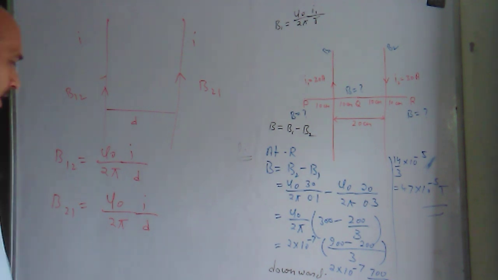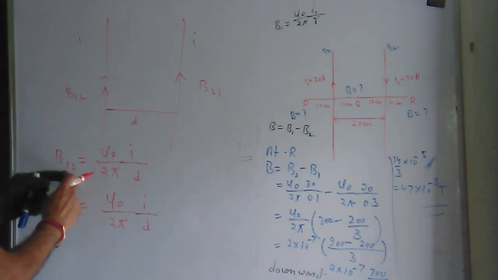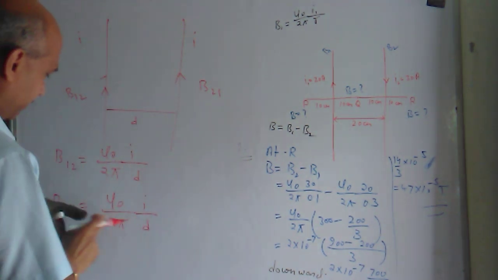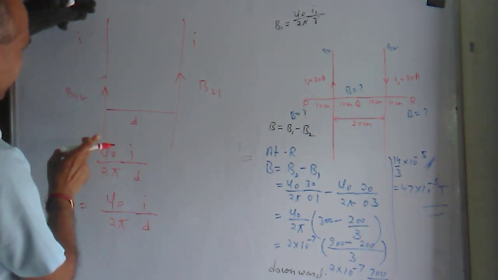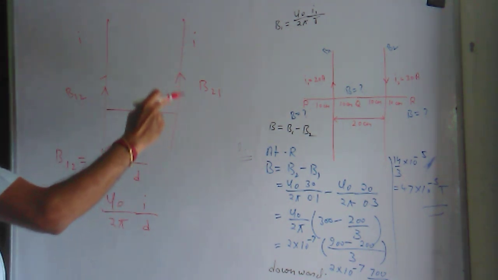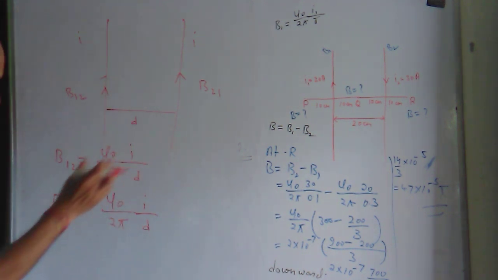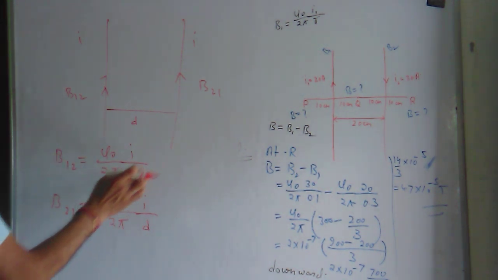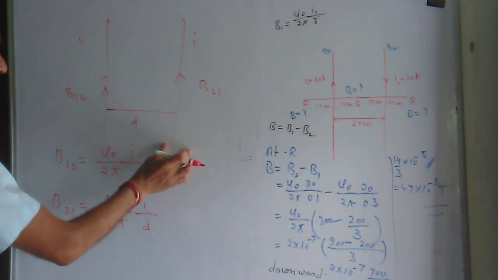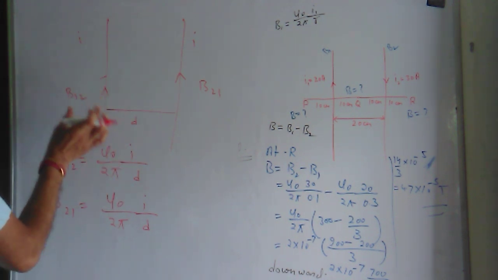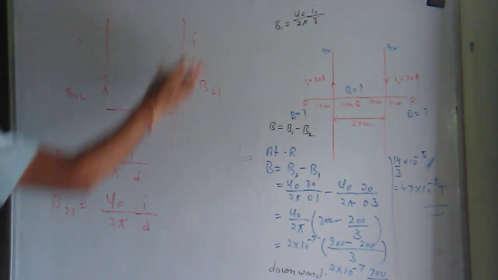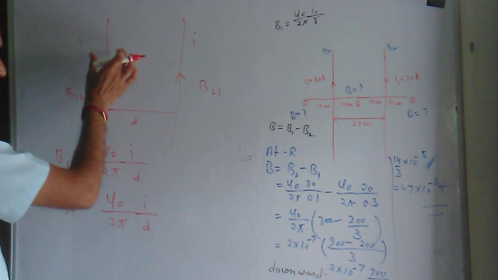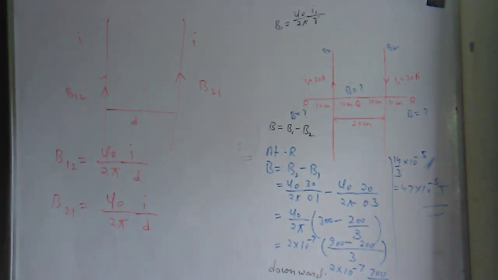B12 means the field on the second wire due to the first wire, and B21 means the field at wire 1 due to the second wire. That's why we have taken this D, because the distance between the wires is what is used when calculating the field, since one current affects the other wire. That's why we have taken D.